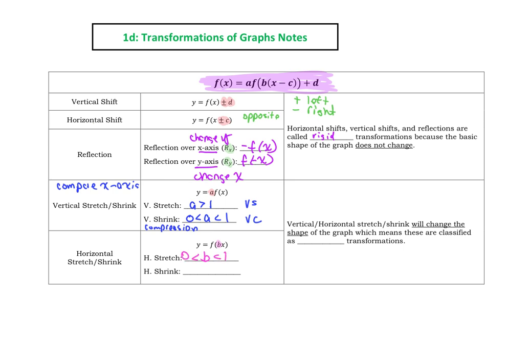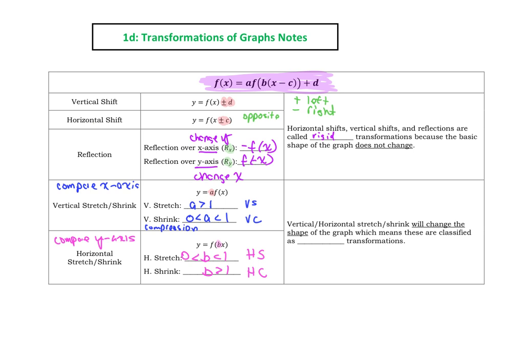And a shrink or compression would be where the B value is greater than 1. Just remember they're going to be opposites. This is what we compare to the y-axis. We're going to use horizontal stretch, horizontal compression when we're talking about the transformation, unless you want to write the whole thing out.